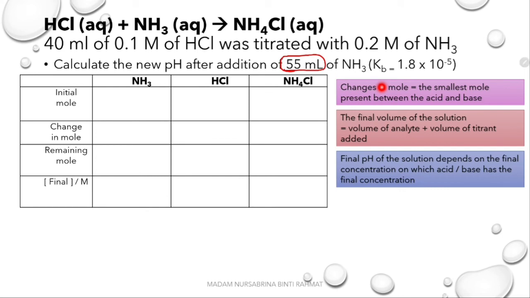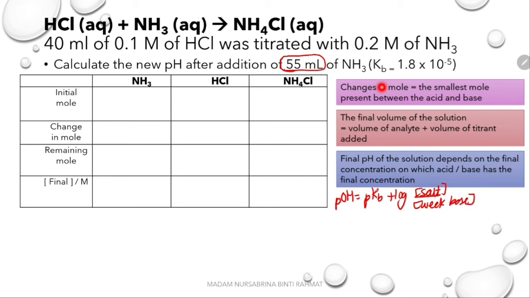So that means another 35 is in excess, and they will work as a buffer system. That means you're going to use the Henderson-Hasselbalch equation to calculate the new pH. This is a base, so we're going to use pOH equals pKb plus log concentration of our salt over concentration of our weak base.